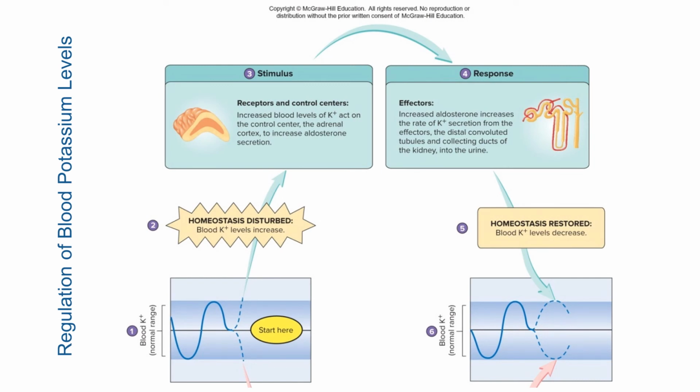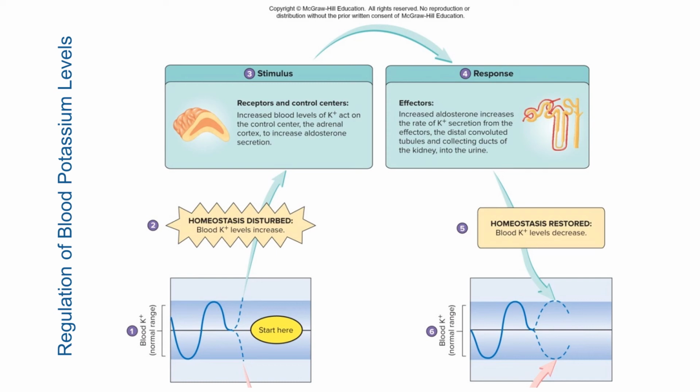In here, this actually shows you the homeostasis stimulus and responses when you have blood potassium level differences. When homeostasis is disturbed, of course, the blood potassium level increases. With this, receptors and control centers act on the adrenal cortex to increase aldosterone secretion.